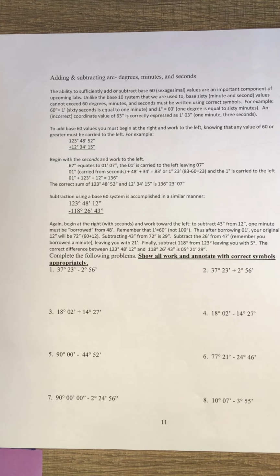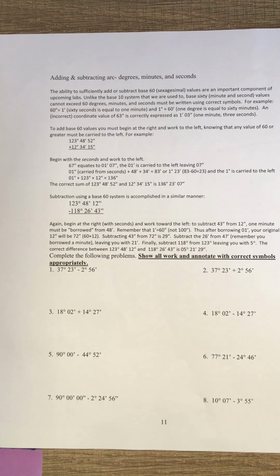When we calculate that, we end up with 13 minus 6 is 7, 7 minus 5 is 2. So 27 is the answer here.